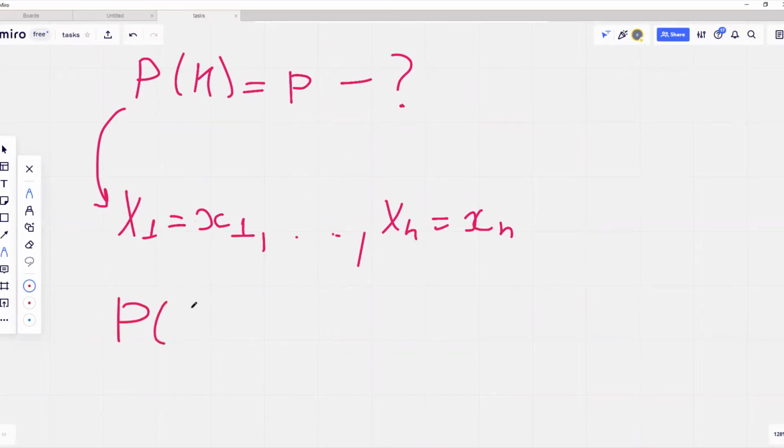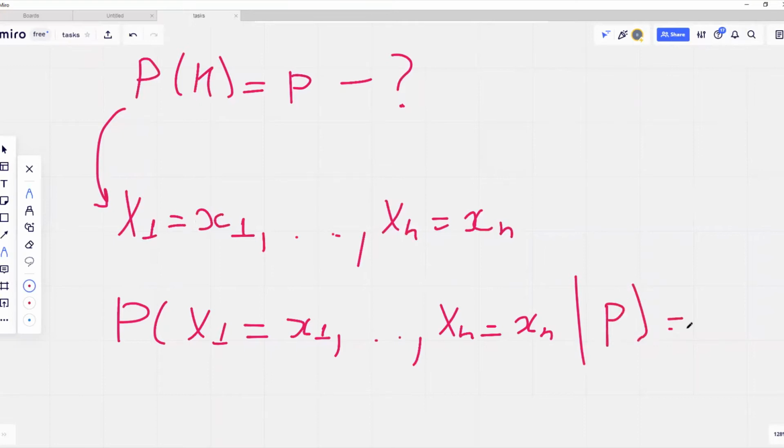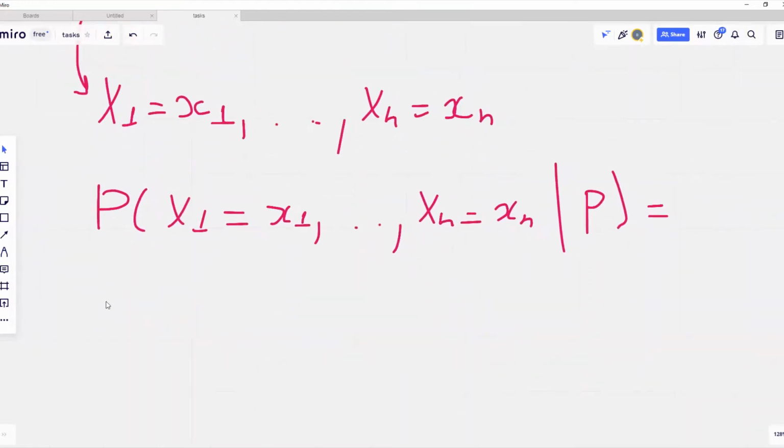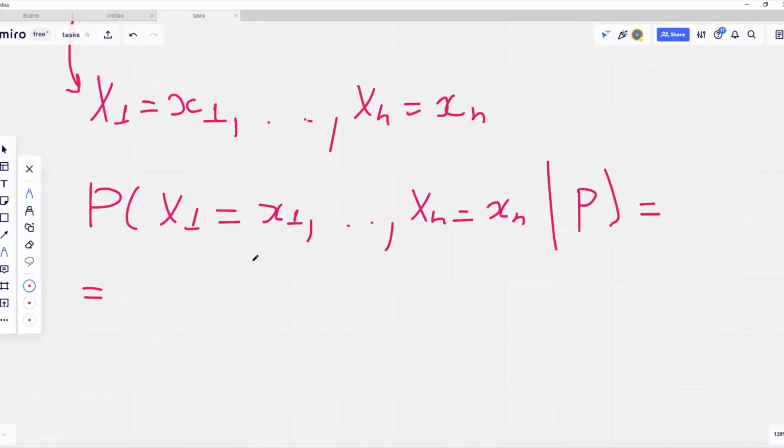So we are looking for the probability that the first random variable X1 is equal to small x1, the second one is equal to x2, and Xn is equal to small xn, under the assumption that the value of our parameter, the probability that our coin lands on heads, is given by some P. Since all these are independent tosses, we can split that joint density into the individual products.